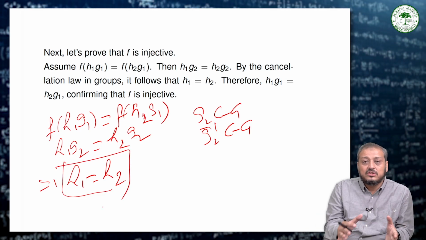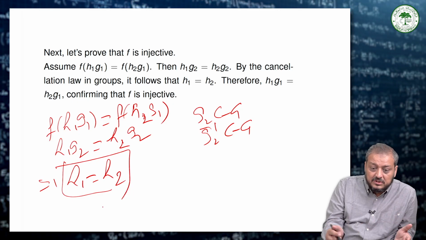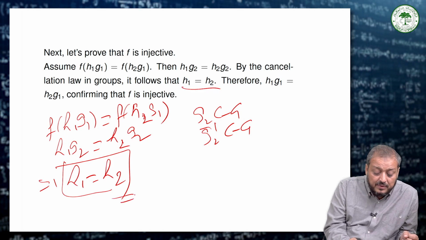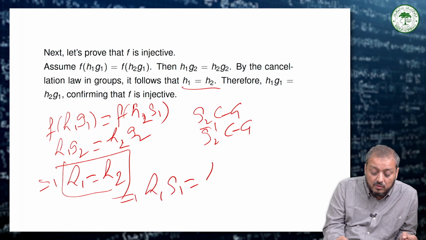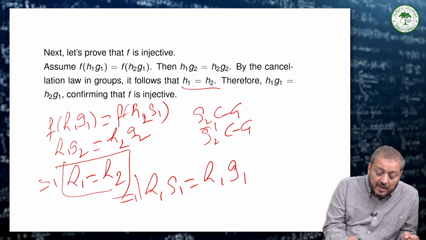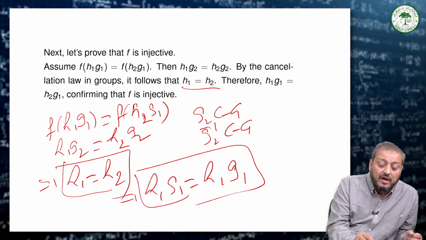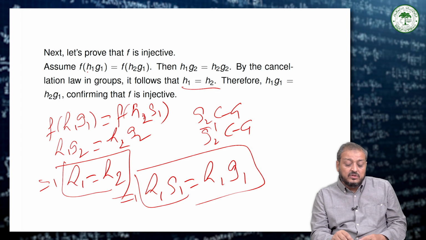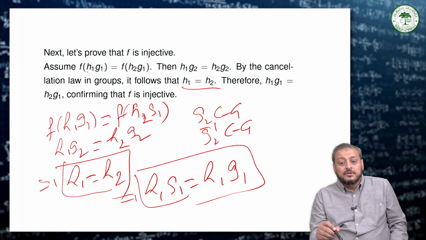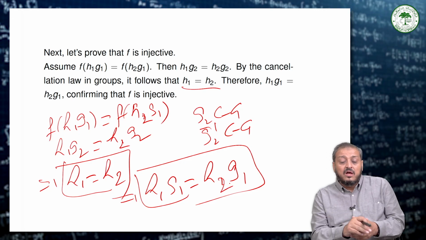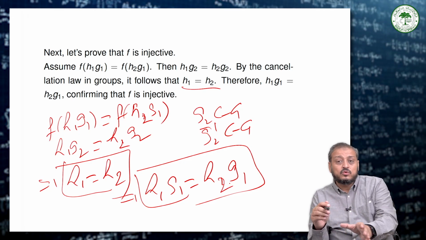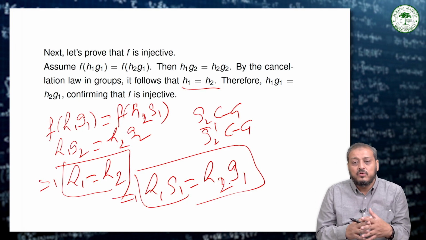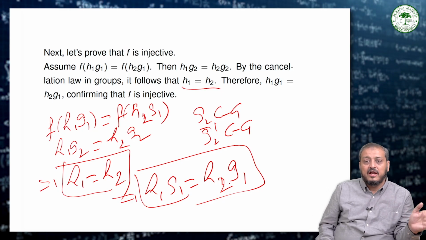If h1 is equal to h2, this implies that h1 g1 is equal to h2 g1, and then if these two hold, we can say that f is injective. So that means we have to show that f is well defined and f is injective.